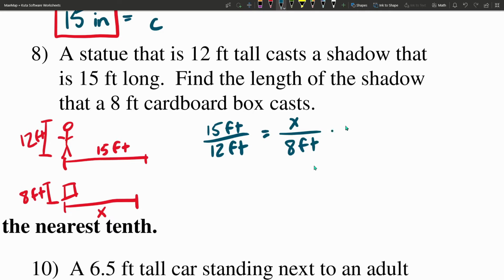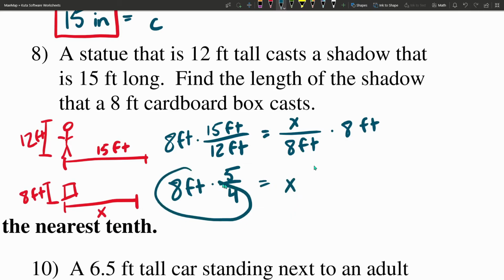Now, one thing I can do is multiply both sides by 8 feet. And when I do so, I'm also going to simplify this fraction down because it's going to make my life a little bit easier. I know that both 15 and 12 are divisible by 3, so 15 feet over 12 feet is really going to be 5/4. 15 divided by 3 is 5, and 12 divided by 3 is 4, and that's all equal to x.